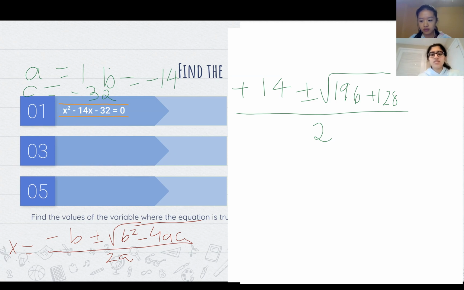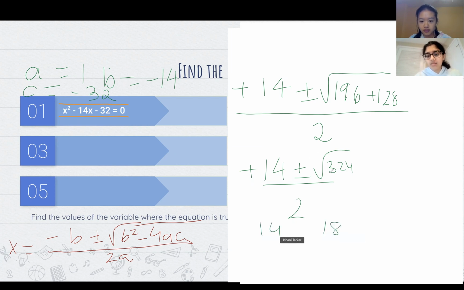Okay, so to continue the problem, we want to simplify what's in the square root. So when we add it together, we get 14 plus or minus the square root of 324 over 2, and the square root of 324 is 18, right? So we get 14 plus or minus 18 over 2.